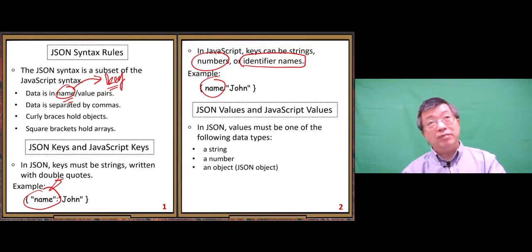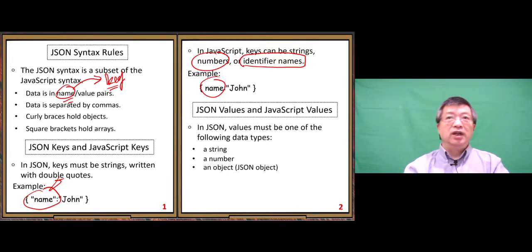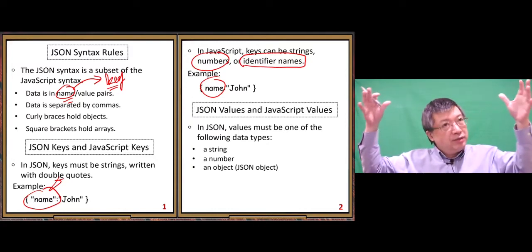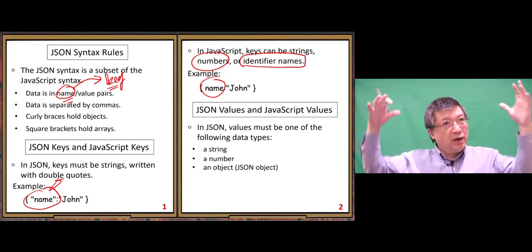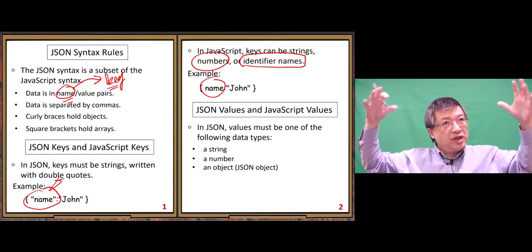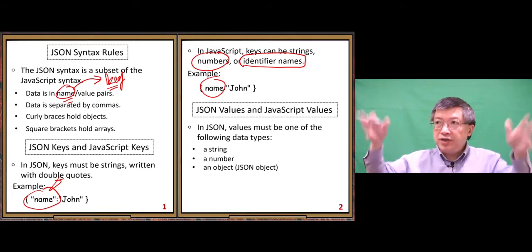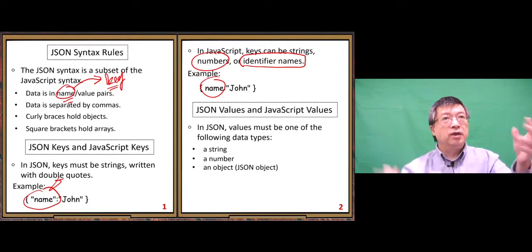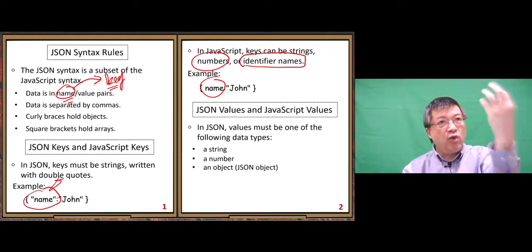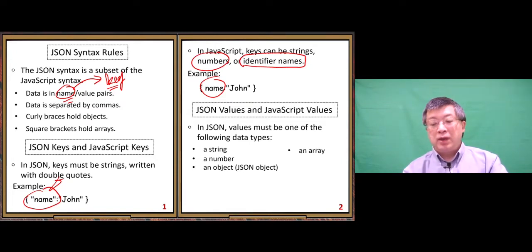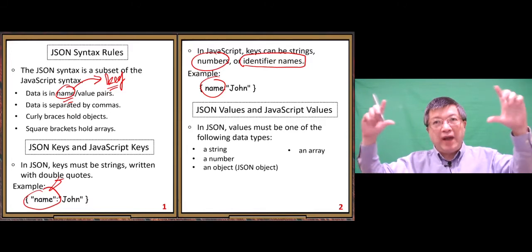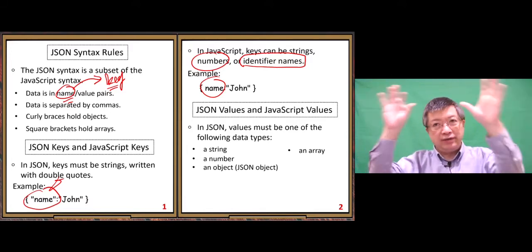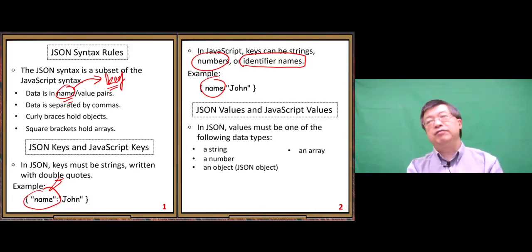So not JavaScript object, JSON object. So the whole object, remember, enclosed inside a pair of curly braces. So that whole thing is used as the value of one property. So an object. An array. A pair of square brackets. Whole array. As one value of a property.